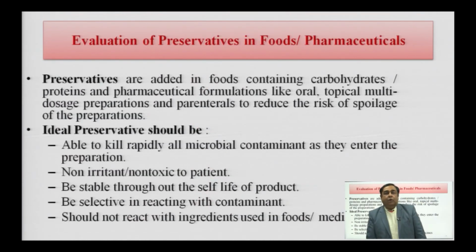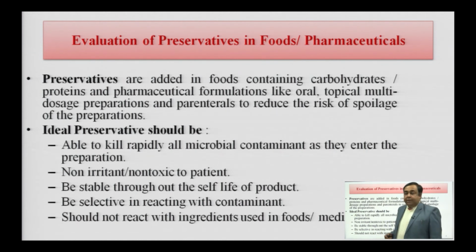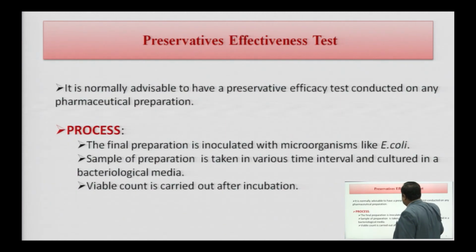Now, we are moving on to how to evaluate the preservative in food and pharmaceuticals. Preservatives are added in food, since carbohydrates and proteins allow microbes to grow, so we need to preserve them, and we commonly add them in pharmaceutical preparations. A preservative should be able to kill the microorganism rapidly, be non-irritating, stable, selective, and should not react with the ingredients used in the food preparation.